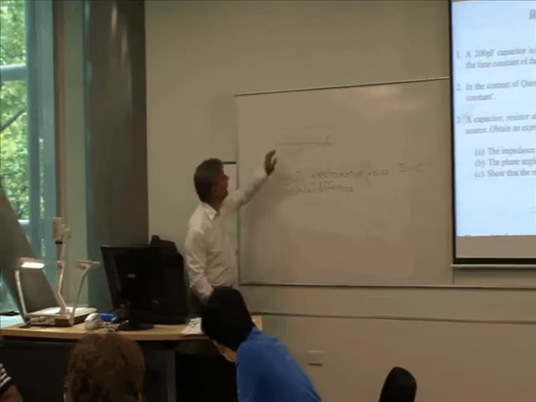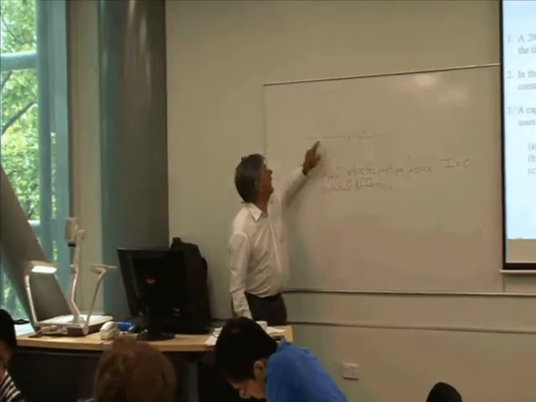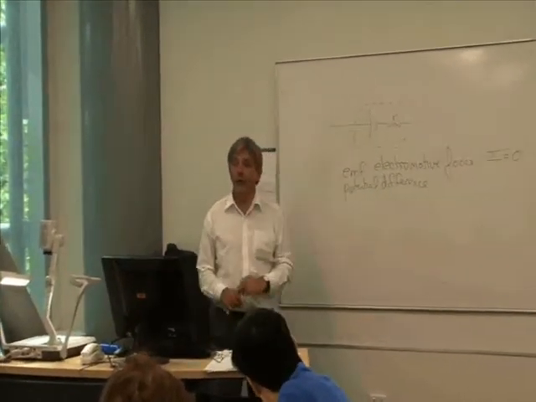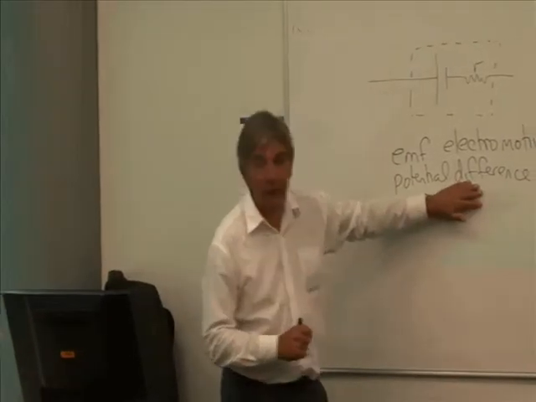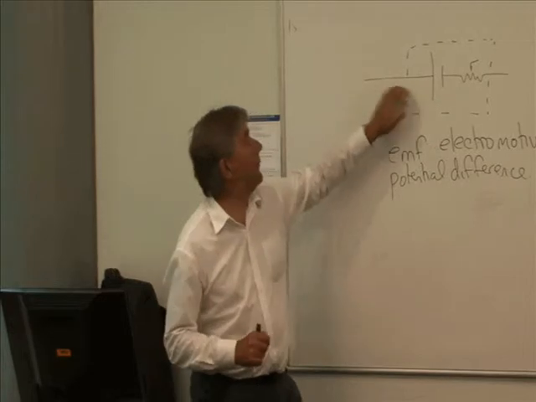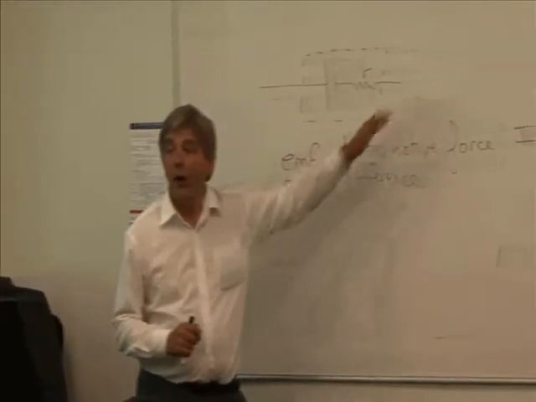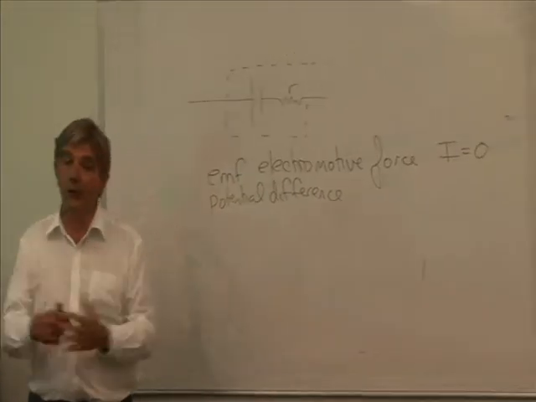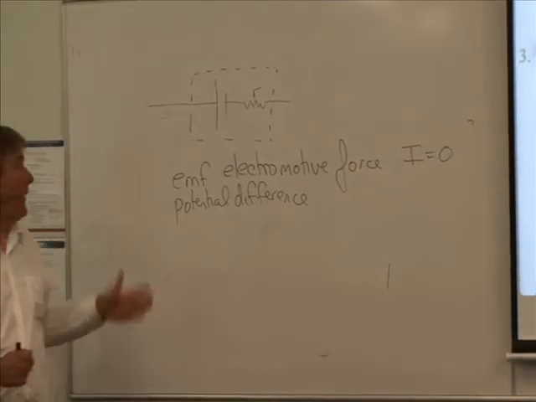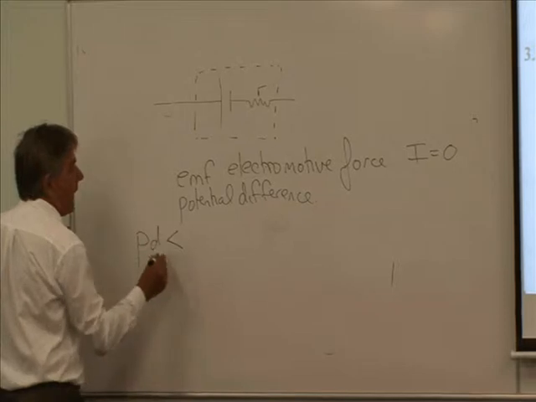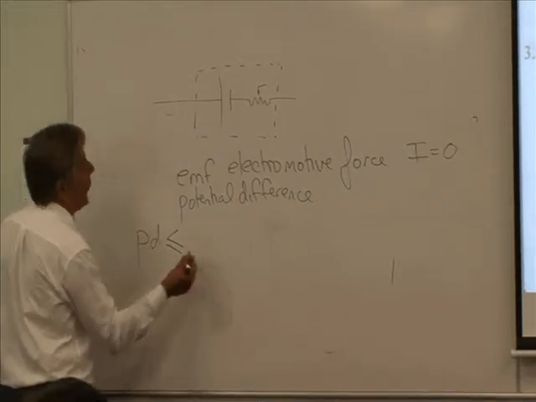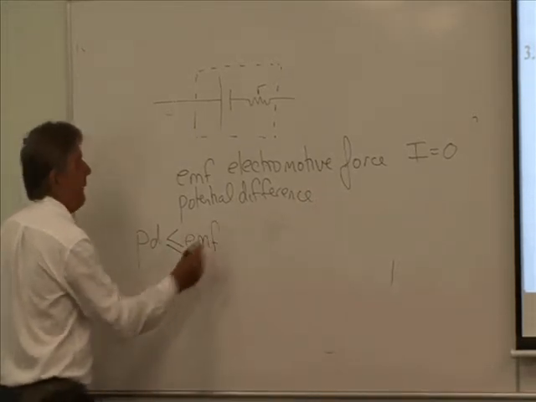So we have a measuring device that can measure the voltage across the thing when we're not taking any current from it. But the potential difference is the voltage across the terminals of the battery when we're taking a current, when we're using the battery. So the potential difference is either less than or equal to, but normally less than, the EMF.